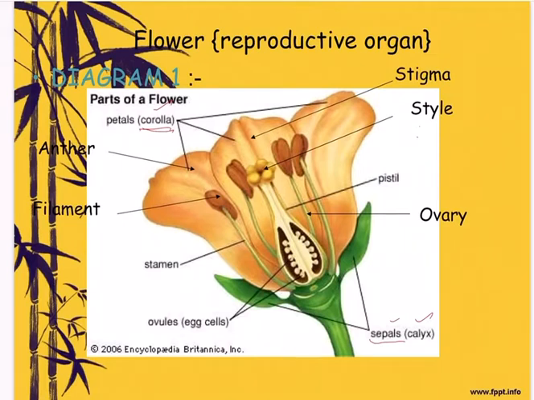And then the third whorl is stamens, that is we call them androecium. Let me write androecium. Androecium means group of stamens, male reproductive organ. Here also you can see in the stamen you have a filament, long filament, and then the head region.